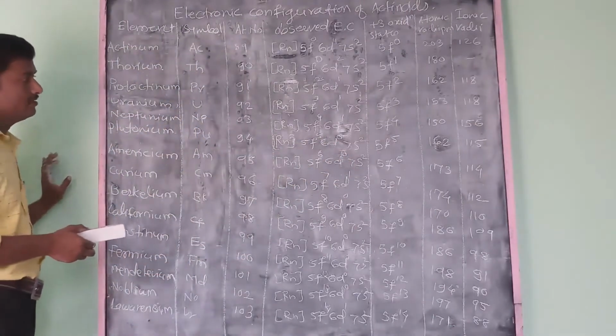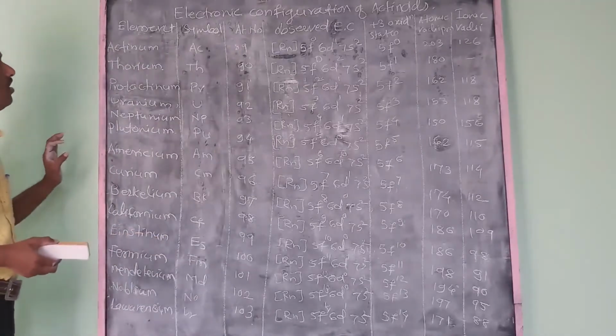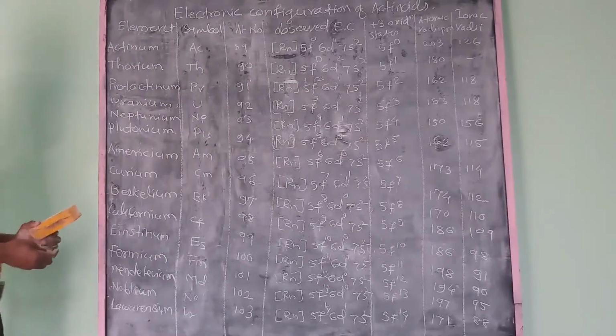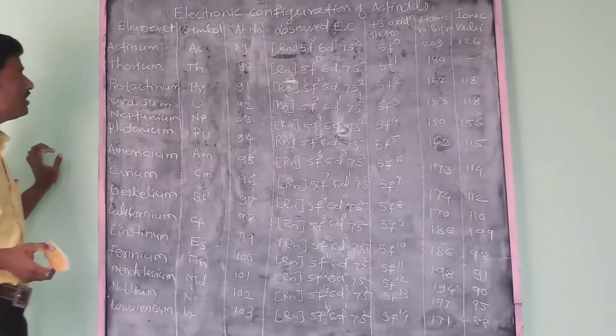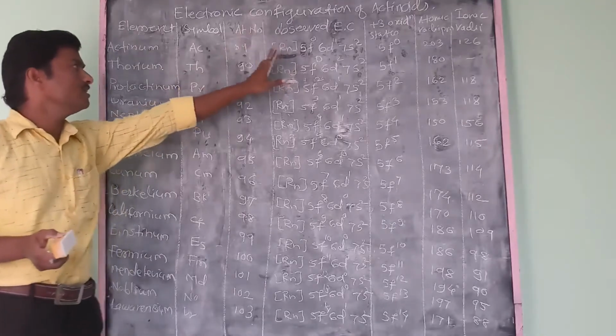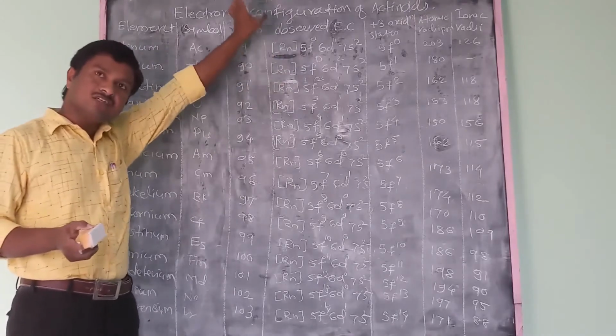One more point. This is about the electronic configuration of the actinoid series. First we have to study the general electronic configuration.